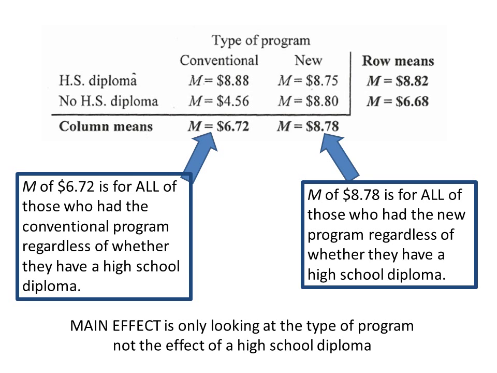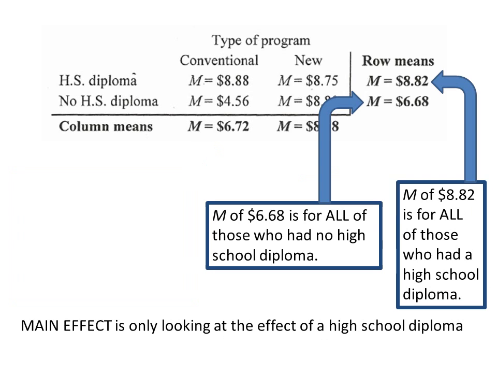We're only looking at the type of the program. The only thing we are doing is looking at the effect of the program. And when we only examine the effect of only one of the ways in which the participants are classified, we are examining a main effect.